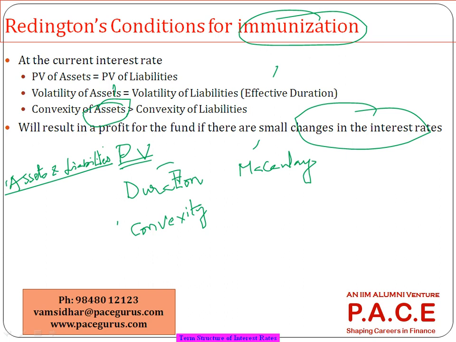We also will check out the volatility, more in the form of duration or Macaulay duration. And three, in terms of convexity, which will talk about the second derivative of change with respect to price. So if these three conditions are met, we can very comfortably say that our portfolio is immunized.